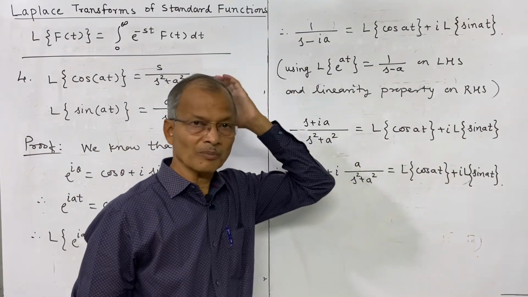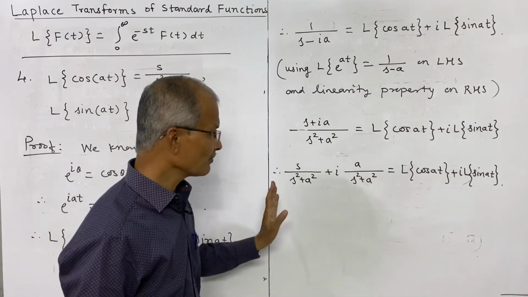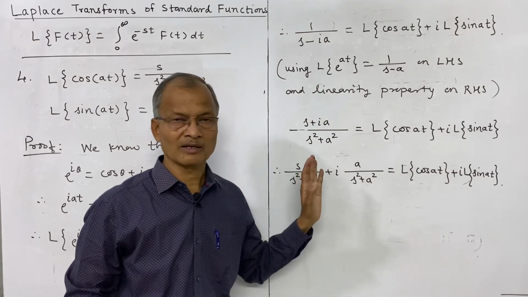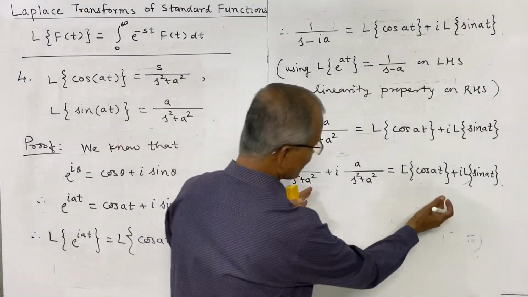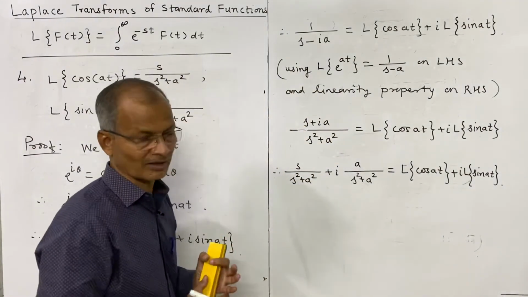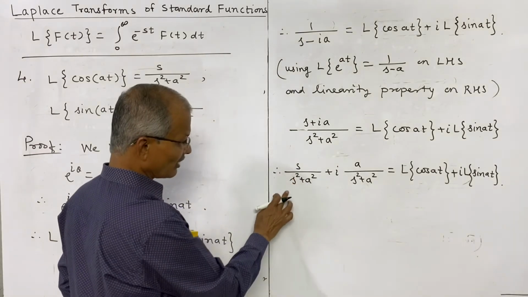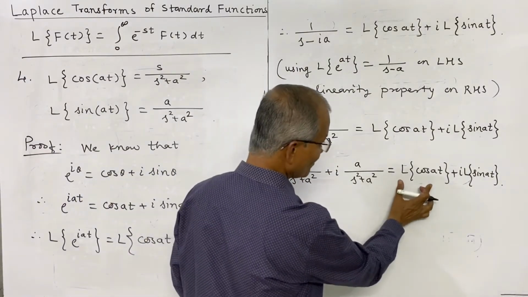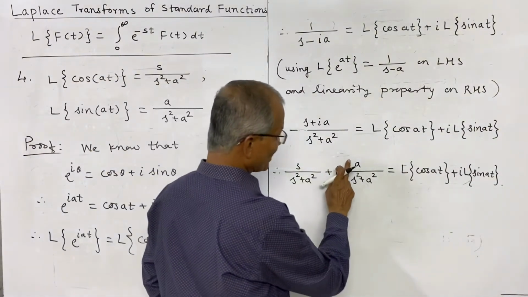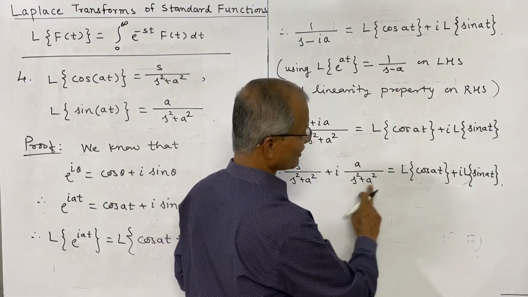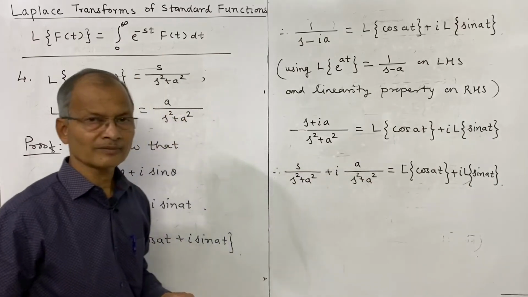Two complex numbers are equal if their real parts are equal and their imaginary parts are equal. Therefore, s upon s square plus a square must be equal to L of cos at, and the imaginary part, a divided by s square plus a square, must be equal to L of sin at.